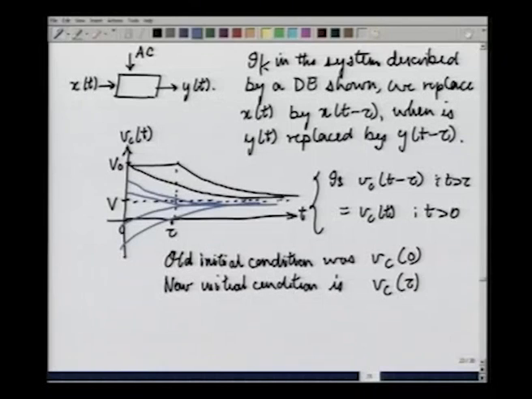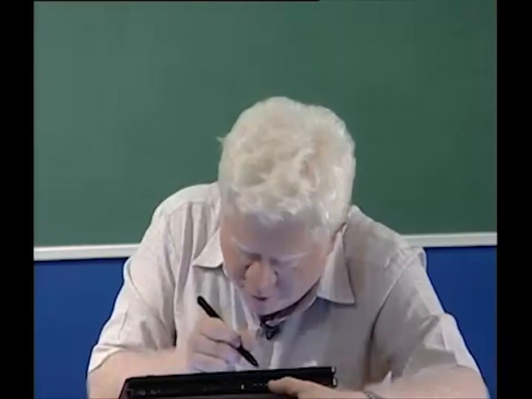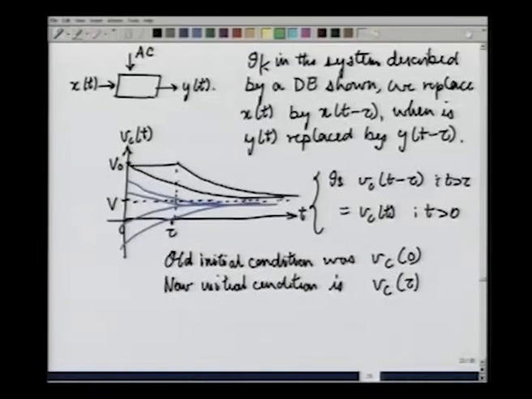For the new problem, where the signal is being applied at t equal to tau, alternate solutions depending upon variations in the initial condition would be given by curves like this.